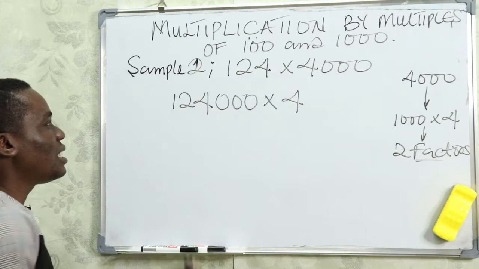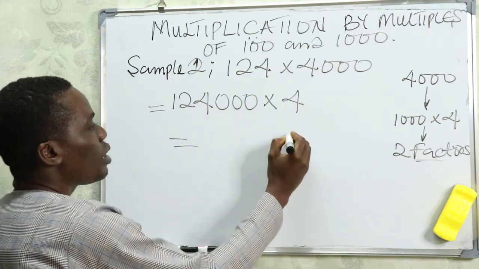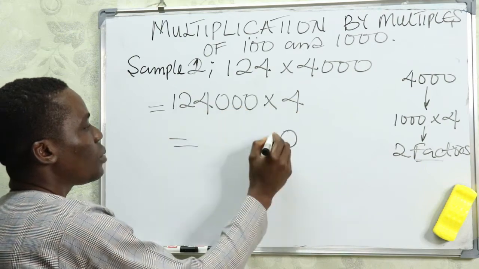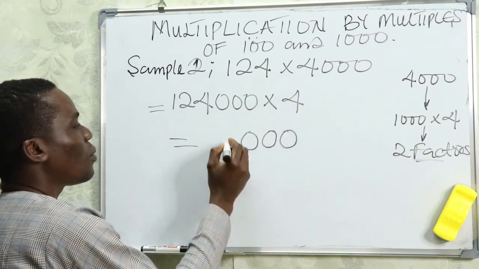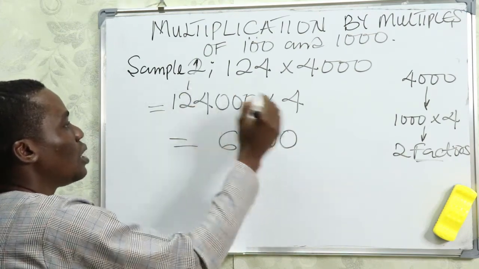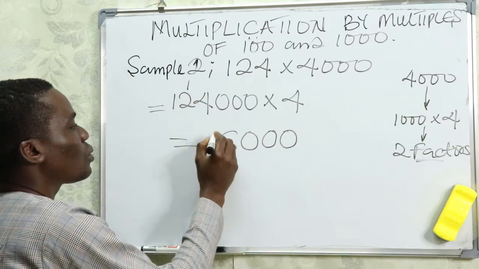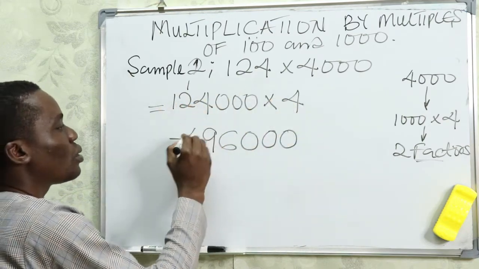Now let's multiply this value. 4 times 0 will give us 0. 4 times 0 will give us 0. 4 times 0 will give us 0. 4 times 4 will give us 16. You write 6, you carry 1. 4 times 2 will give us 8, plus 1 will give us 9. 4 times 1 will give us 4.